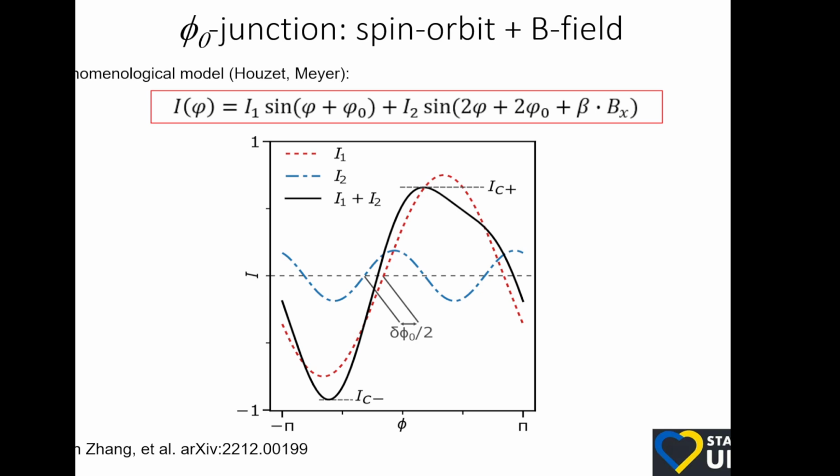So what I want you to think about is a Josephson effect like this. It has two terms, two orders. First order term, I1 sine phi, plus some arbitrary offset phi naught, which comes from spin orbit interaction. And the second term is the second order, I2 sine 2 phi plus 2 phi naught.